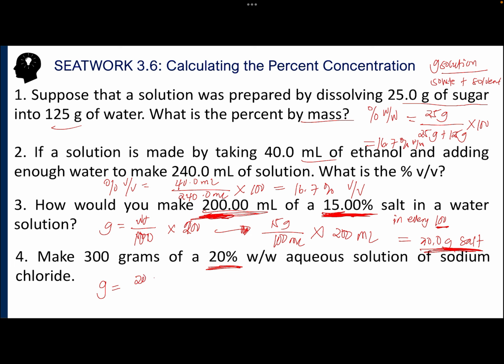So we have 20 grams divided by 100 times 300 grams of solution, equals 60 grams of salt. So we need 60 grams of salt to make a 20% solution in 300 grams of solution.